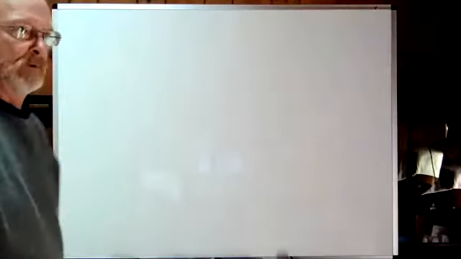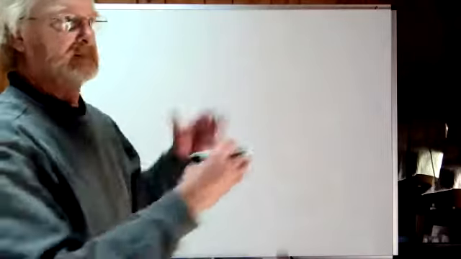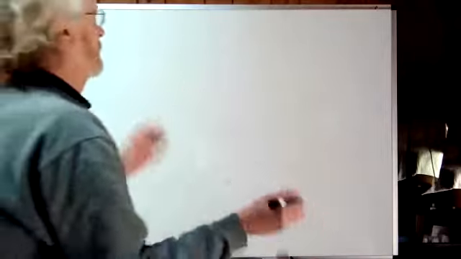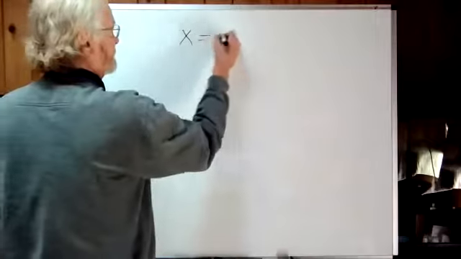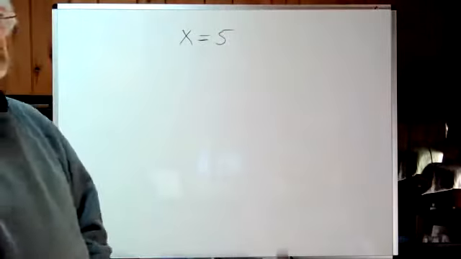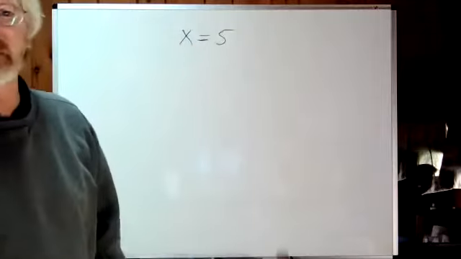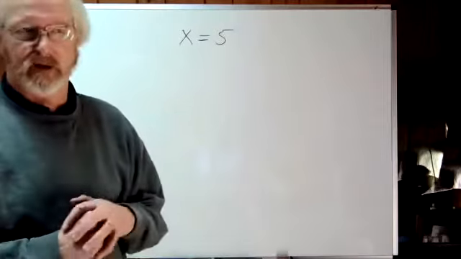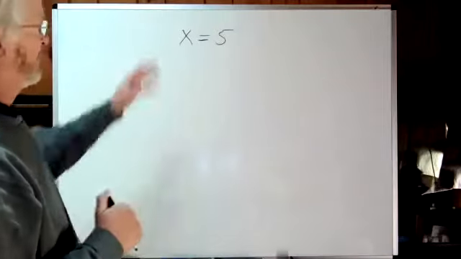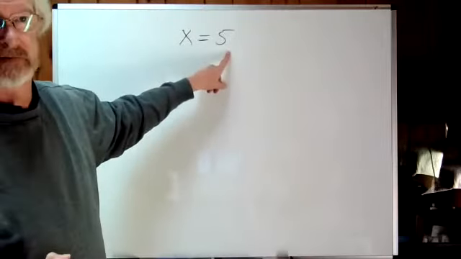We end up manipulating these equations, because if I have a statement that says x equals 5, that's an equation telling me the variable equals the number 5. That's really the form we want to boil these equations down to: a final statement that tells us what the value for that variable is.